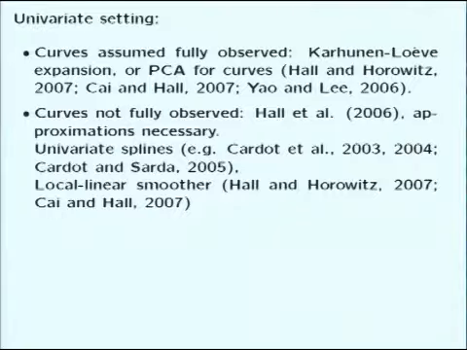If the curves are not fully observed, there is some other work. So this is an interesting problem in 1D. Here I'm going to work in 2D, so please be nice with me. If you know Peter Hall, please don't tell him it's an interesting problem, because he might solve the problem much faster than I will.